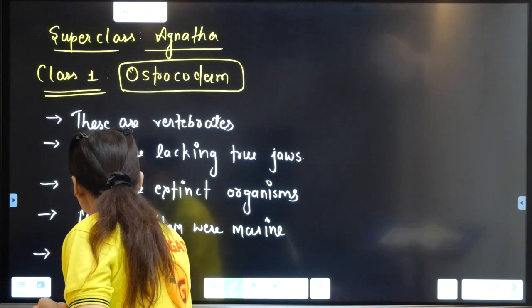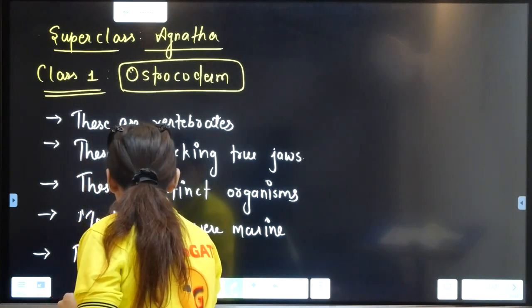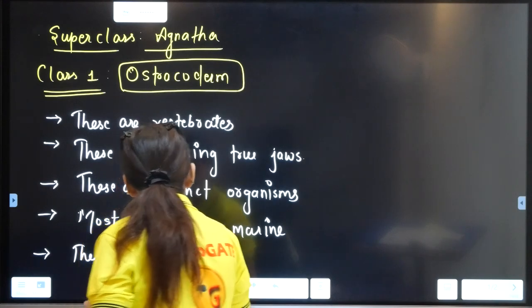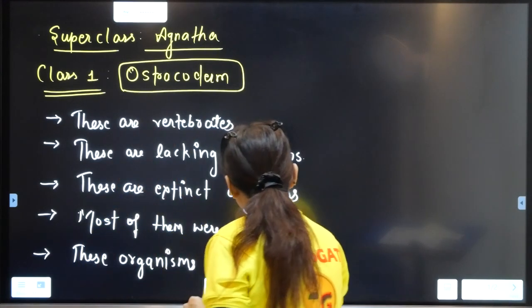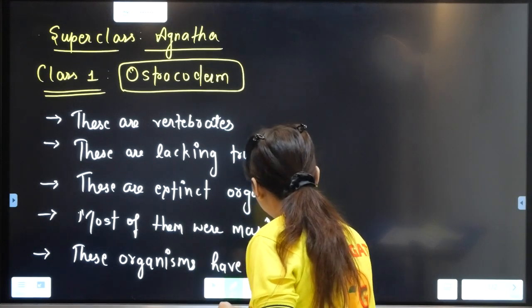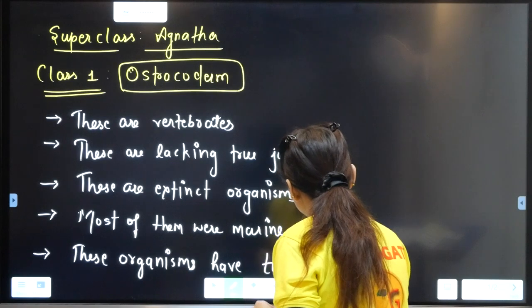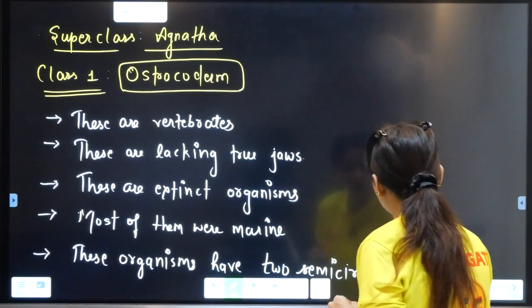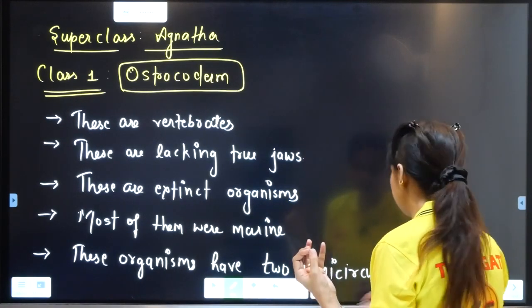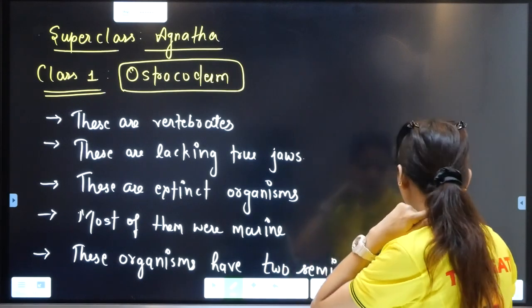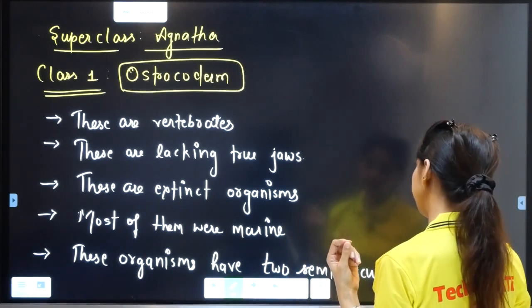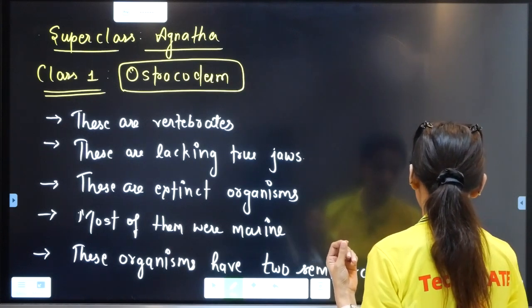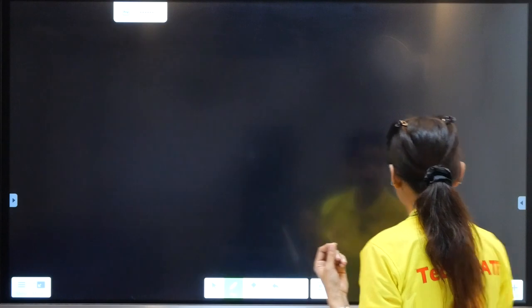Write down the next point. These organisms have two semicircular rings, or you can say canals also, in their internal ear.